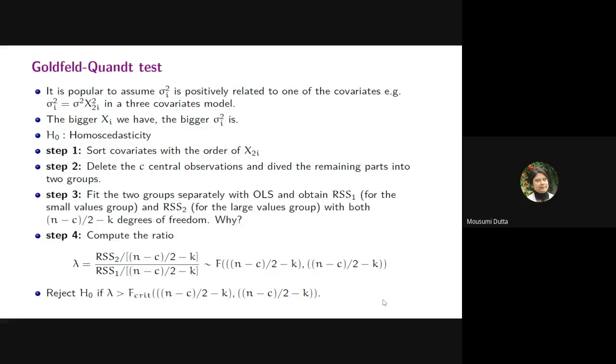You can have a number of observations, then delete these observations, run two separate regressions on the first group and on the second group, find RSS1 and RSS2 for the two regressions, and then fit the F test. It's very handy numerically too, in the practical lab.